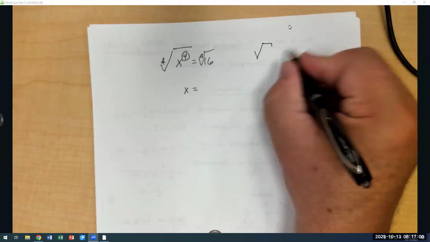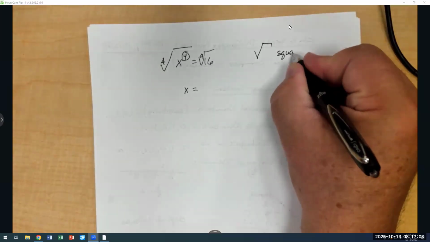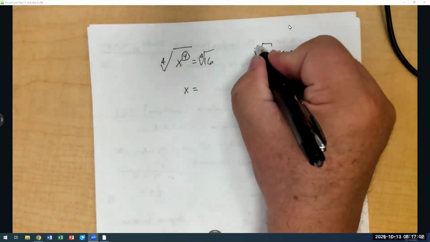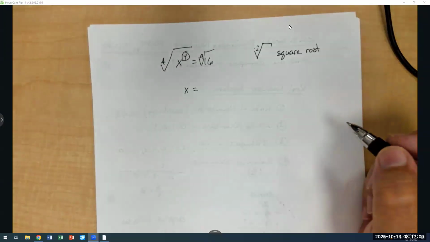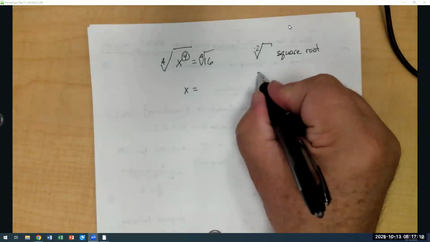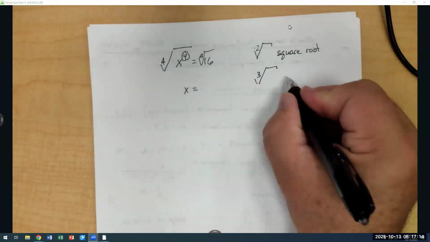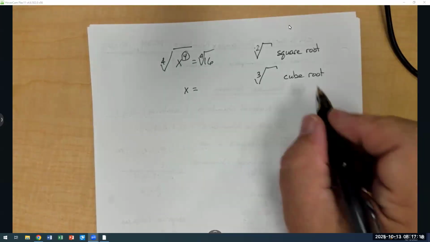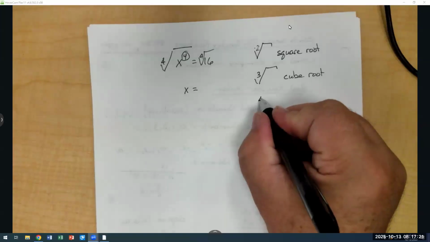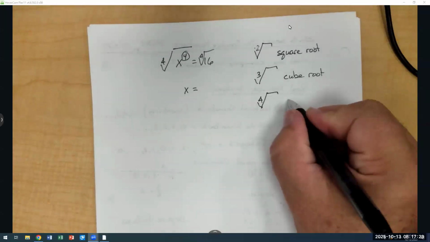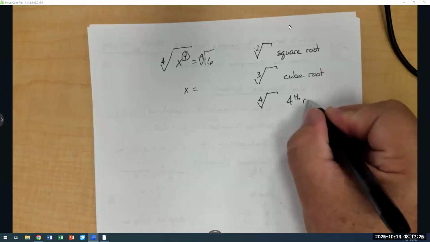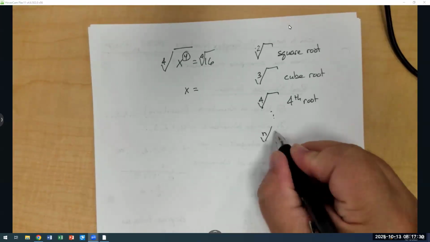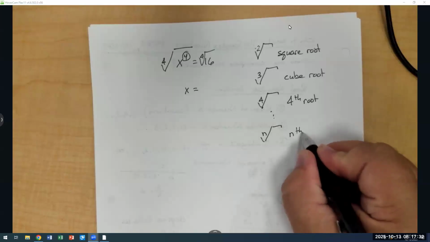This is called a square root because there's an invisible 2 here. This is called a cube root because it has a 3. This is called a 4th root, and so on and so forth. This is called an nth root.